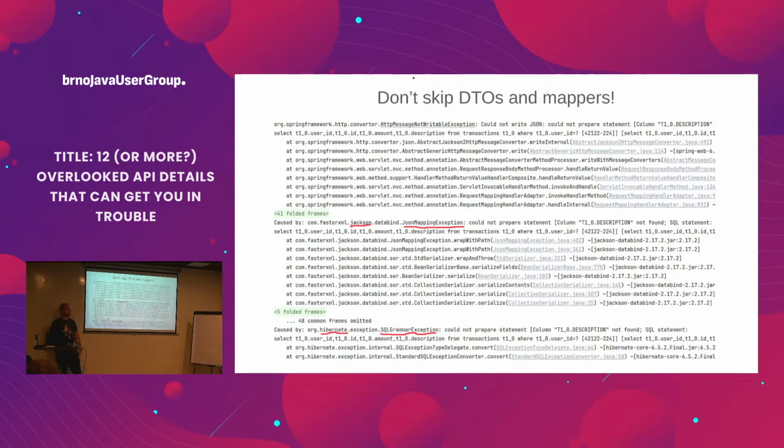Well, with Spring, in theory, as I said, Spring is also just a layer on top of Jakarta EE. So in theory, you could also use just the Jakarta REST to expose your REST endpoints.